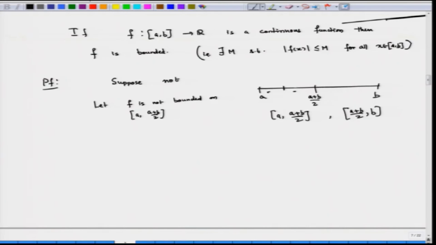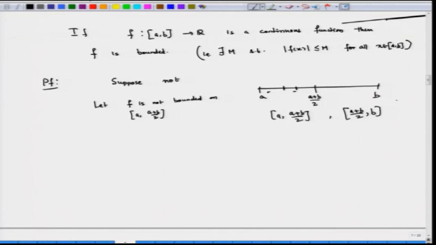Suppose it is not bounded here, then again I divide it. Either f is not bounded here or f is not bounded in the other interval. So in one of these two sub intervals f is not bounded. I continue this process.